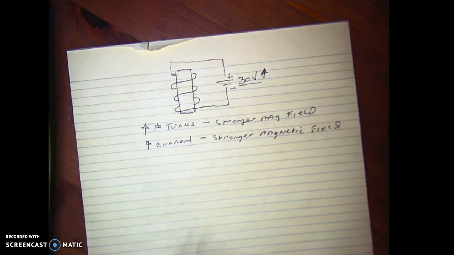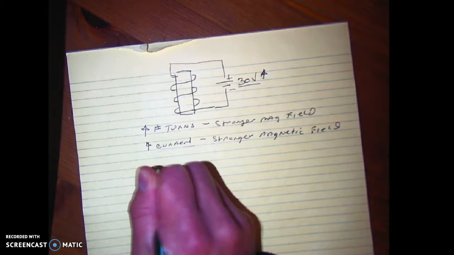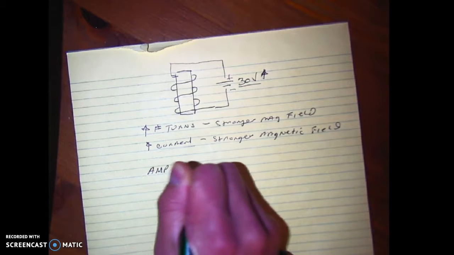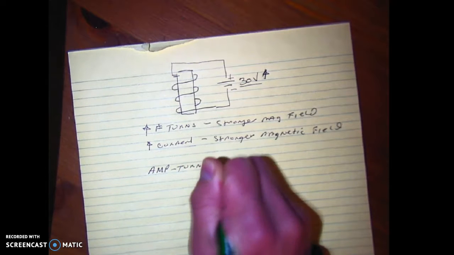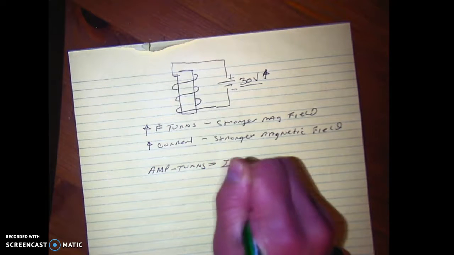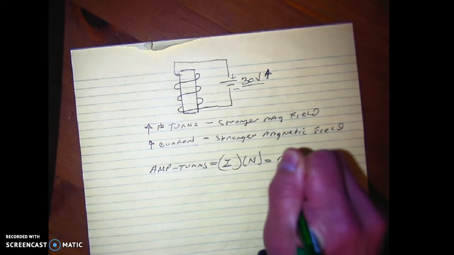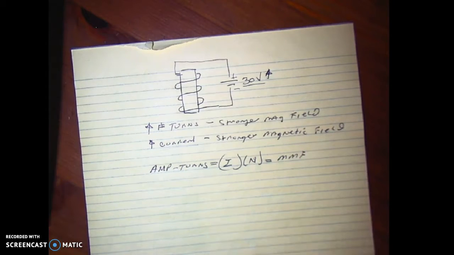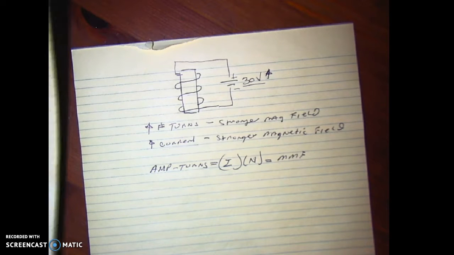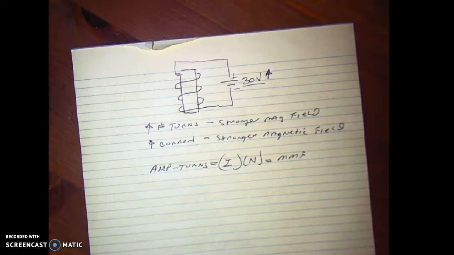So when we talk about this, we call this the amp turns. The equation for that is I times N, and that's measured in MMF. So what is MMF? This is the magnetic motive force.